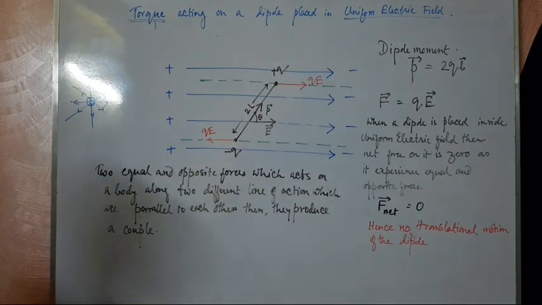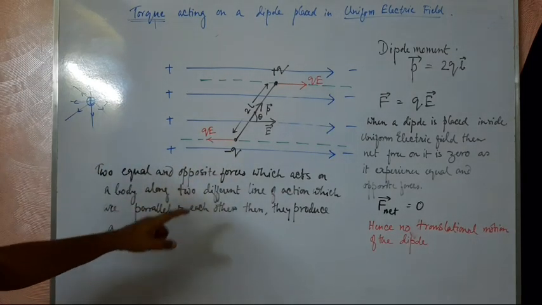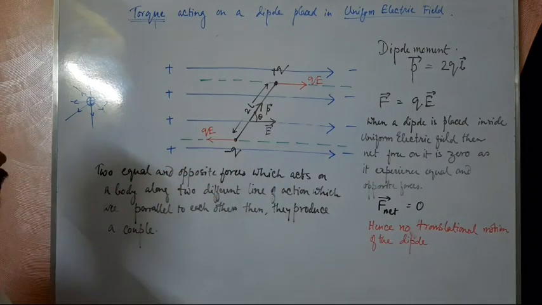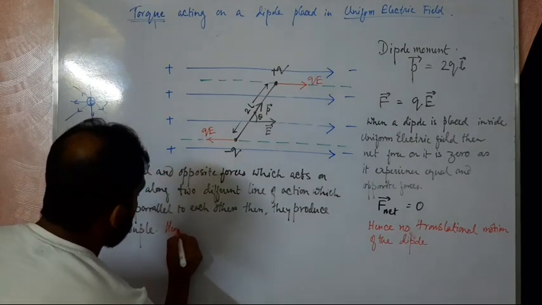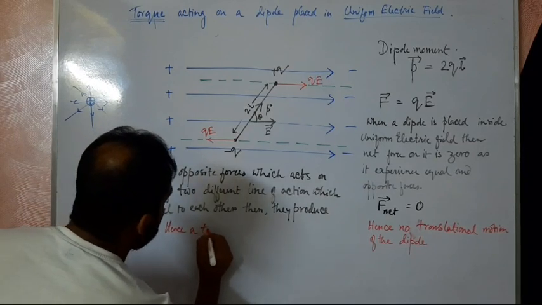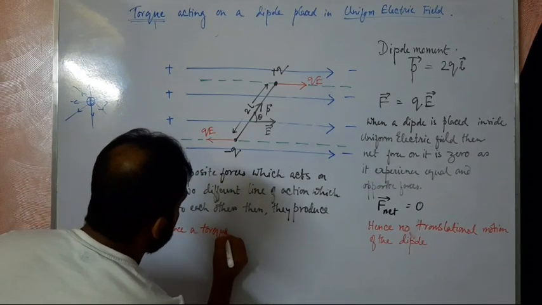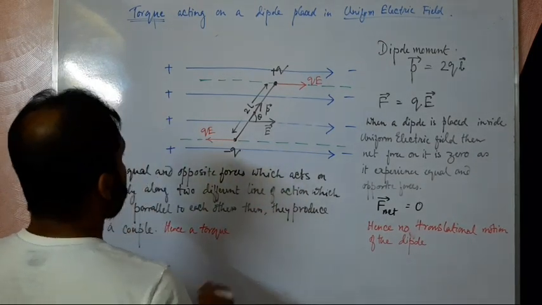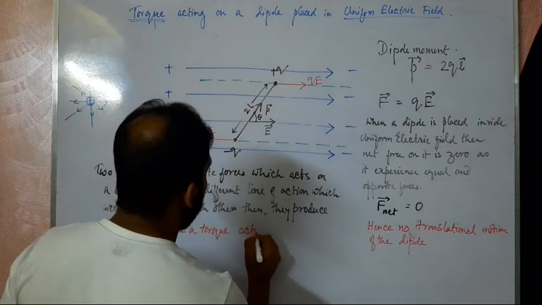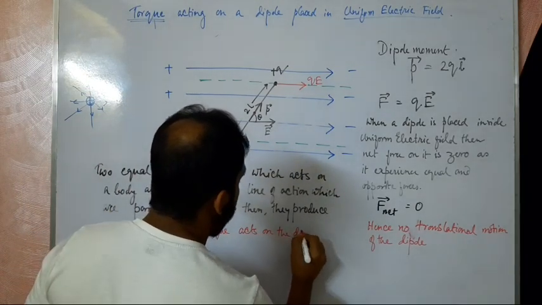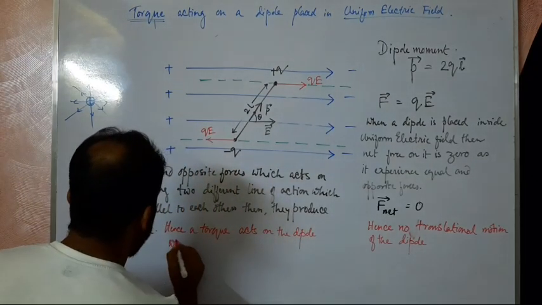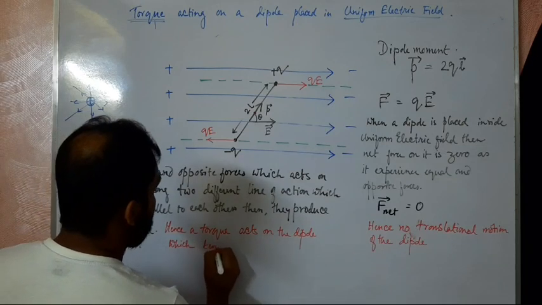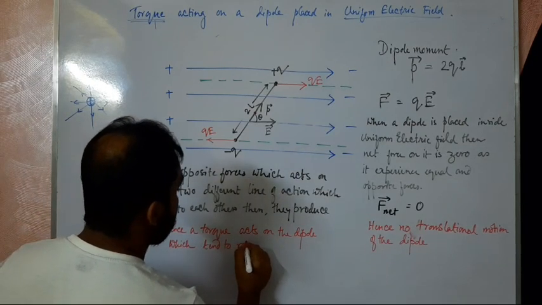But as you can see, a couple is produced within that dipole due to the two equal and opposite forces acting along parallel lines of action. Hence, a torque is created, or a torque acts on the dipole, which tends to rotate it.